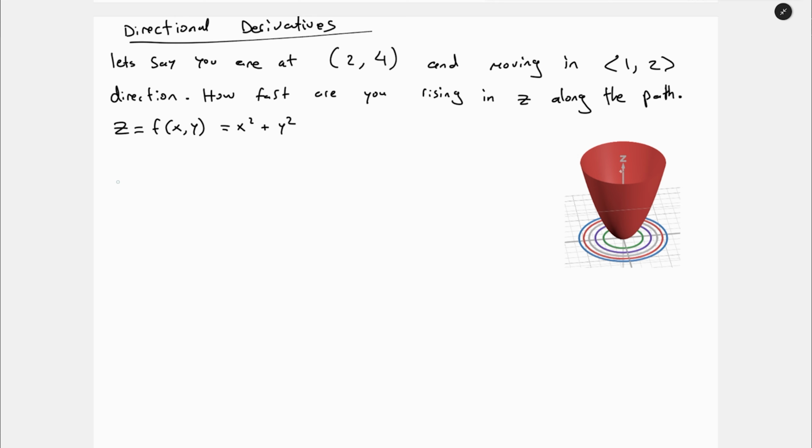So let's write down what we knew before, because this is kind of different. We said our change in f was change in our rate of change times how much we actually moved plus rate of change divided by how much we actually moved, and we could write this as a dot product.